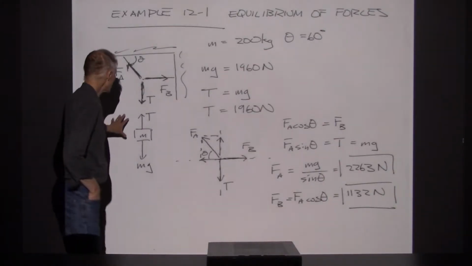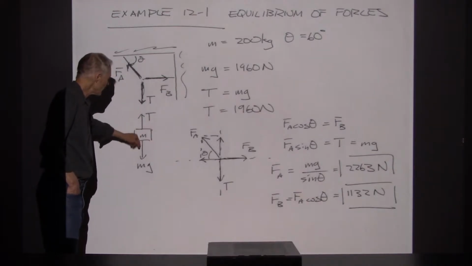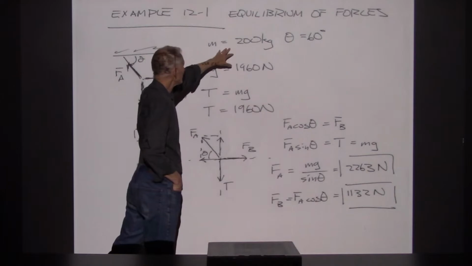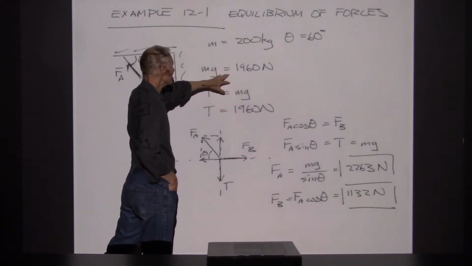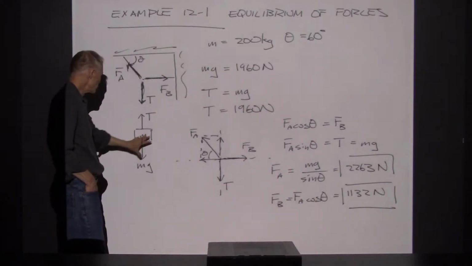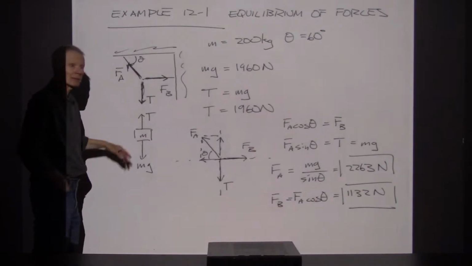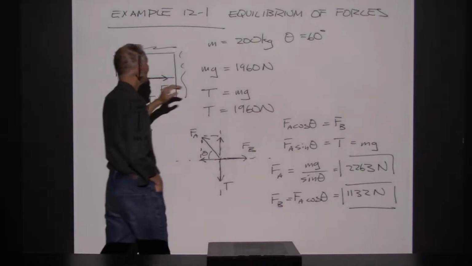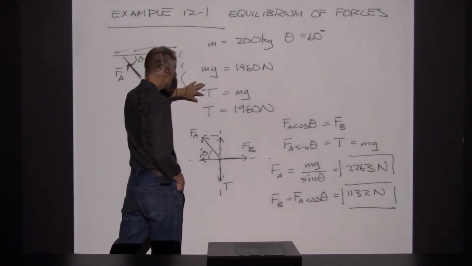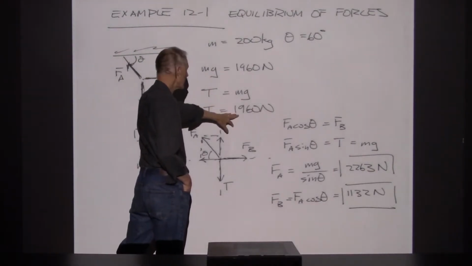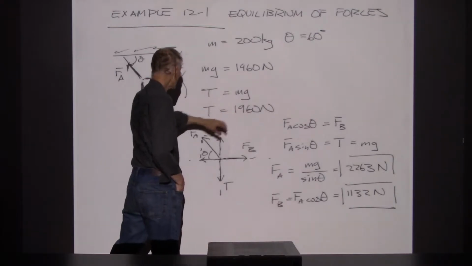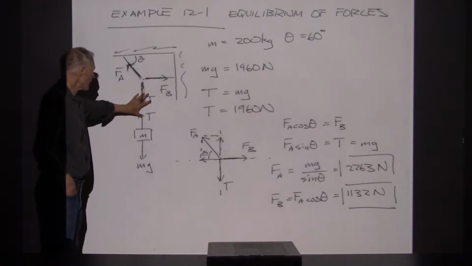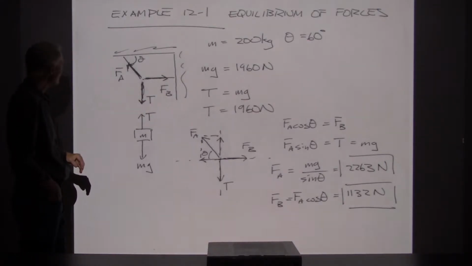So here is the chandelier. I separated that out. There's a gravitational force of mg. The chandelier is 200 kilograms, and mg is 1960 newtons. There is no acceleration taking place, throughout the whole chapter, no acceleration. This is static equilibrium. And so the tension will be 1,960 newtons. That's telling me how much tension we have in this cable right there.